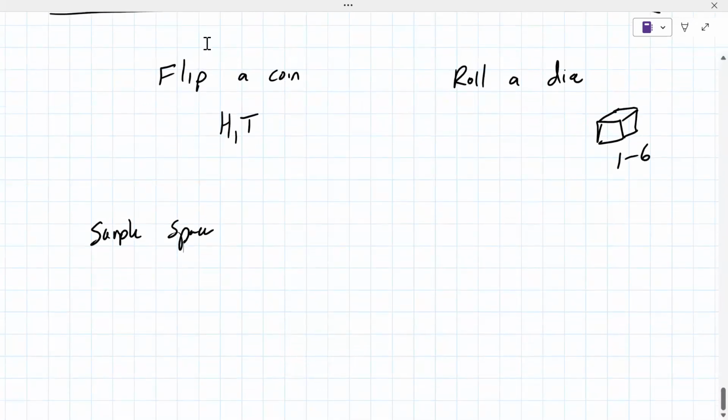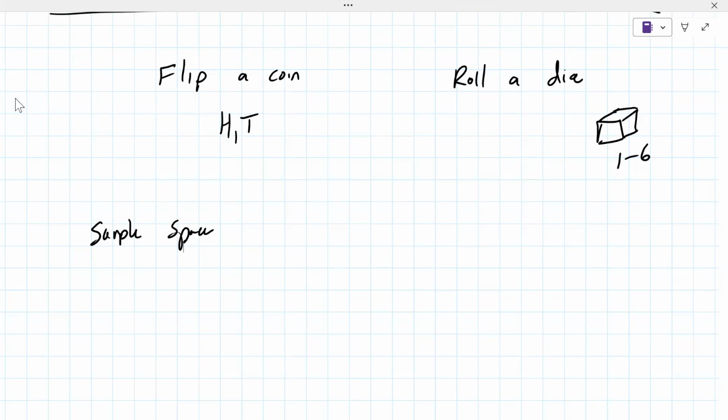Writing them down is really important for what we're going to do next. T1, T2, T3, T4, T5, T6, H1, H2, H3, H4, H5, H6.